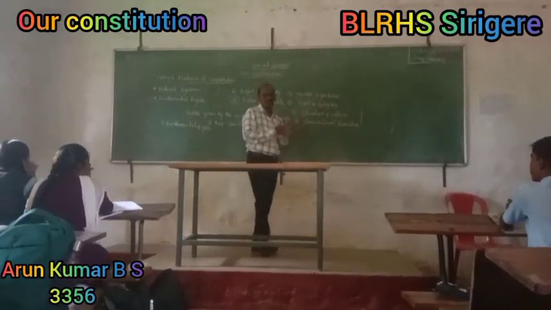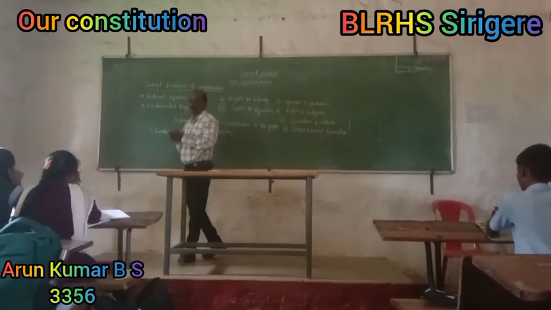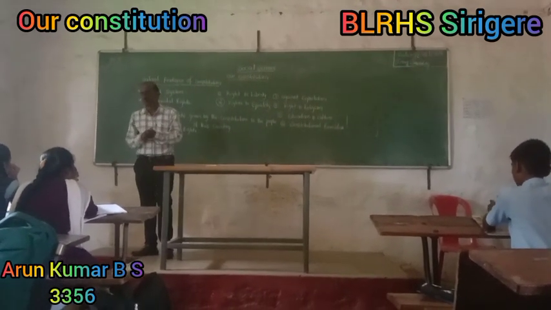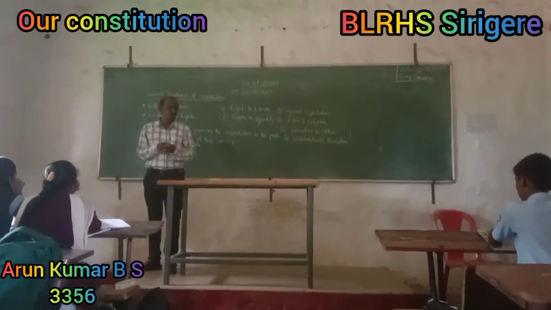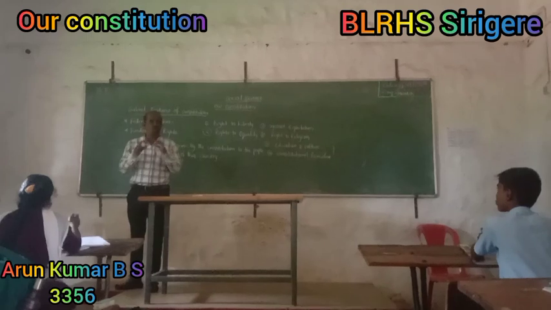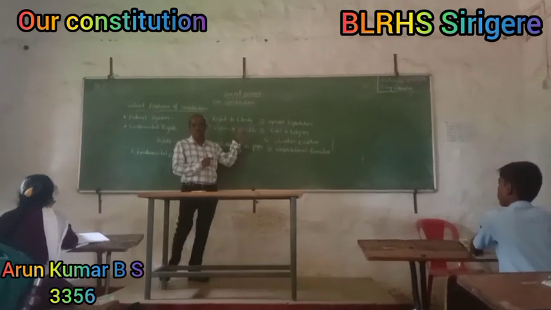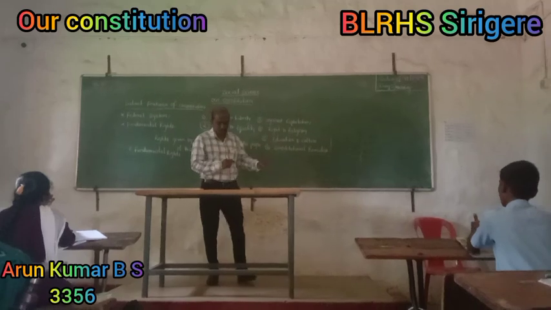Nobody can deny it because the Constitution has given these rights to us. Even the central government has no power, state governments also have no power, and any organization of this country has no power to deny these six fundamental rights.